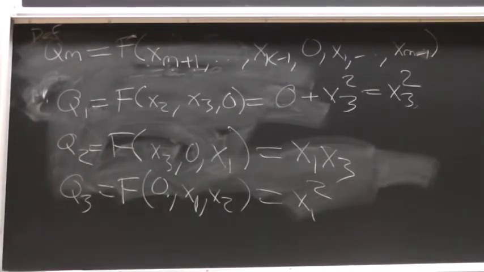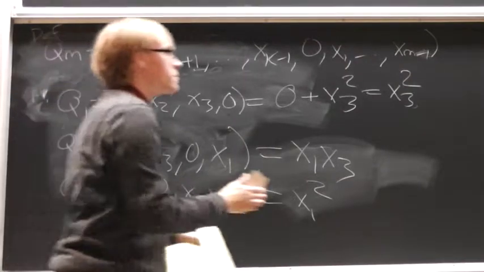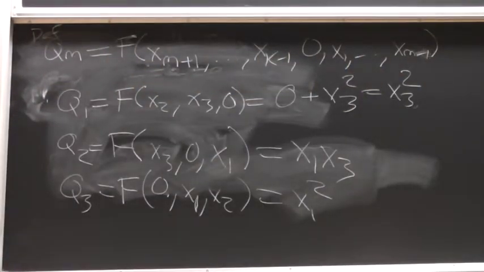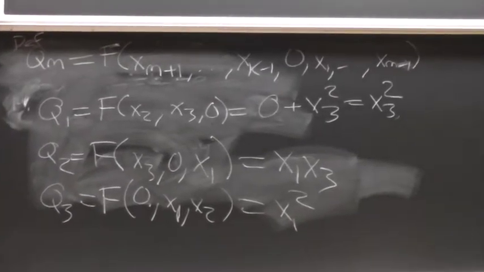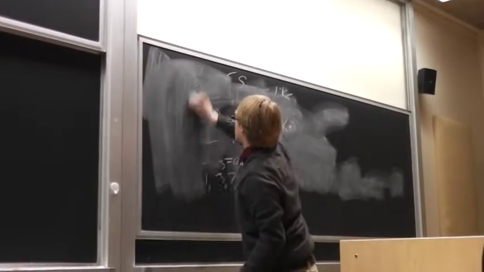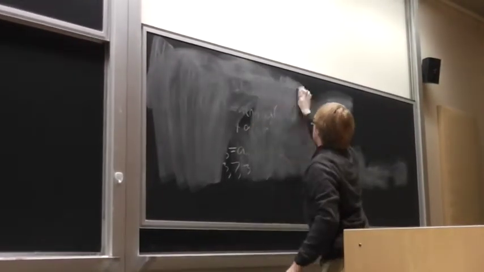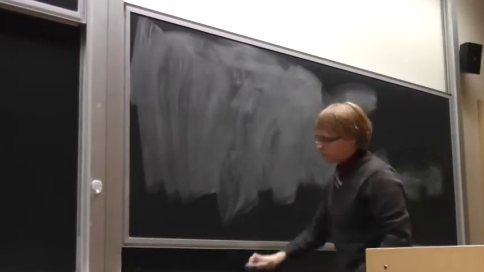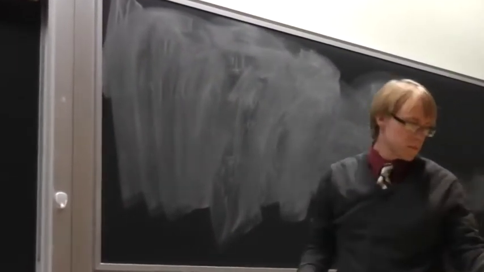And then to finish things off, we're just getting started with the whole definition of polynomials. We have another bunch of polynomials coming up, and we're going to call them G's.